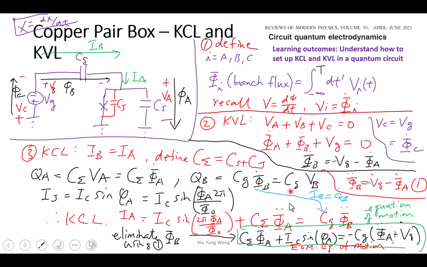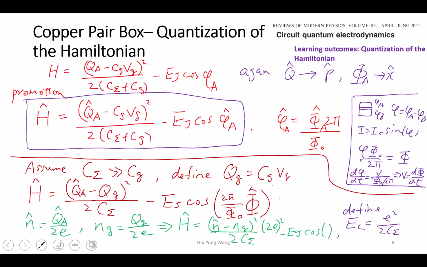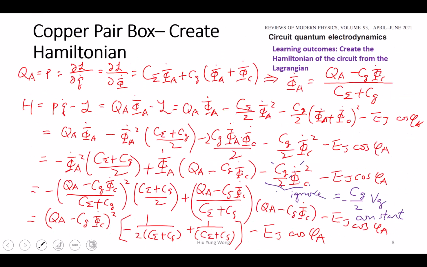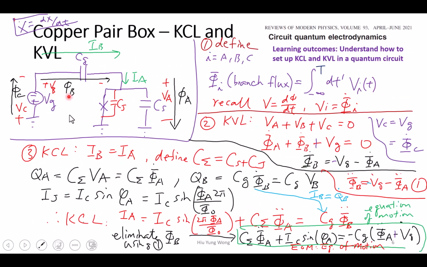QG is a little bit different. It is VG times CG, right? So this is not easy to see because we're talking about the VG here and then the CG across it. The real charge across CG is VB times CG, not VG times CG. So this is just a parameter, right?